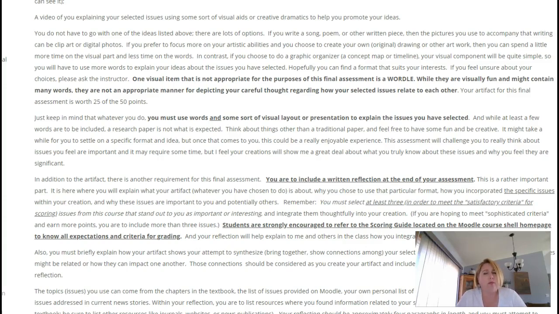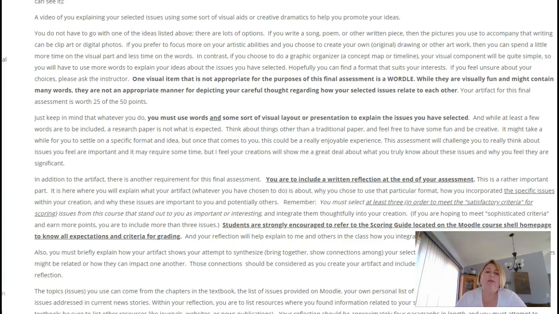So I hope you can appreciate the importance of the two pieces connecting. If your artifact has a lot of information around it, a lot of descriptors, you may not need to spend as much time in your written reflection telling us about your artifact. I hope that makes sense to you.